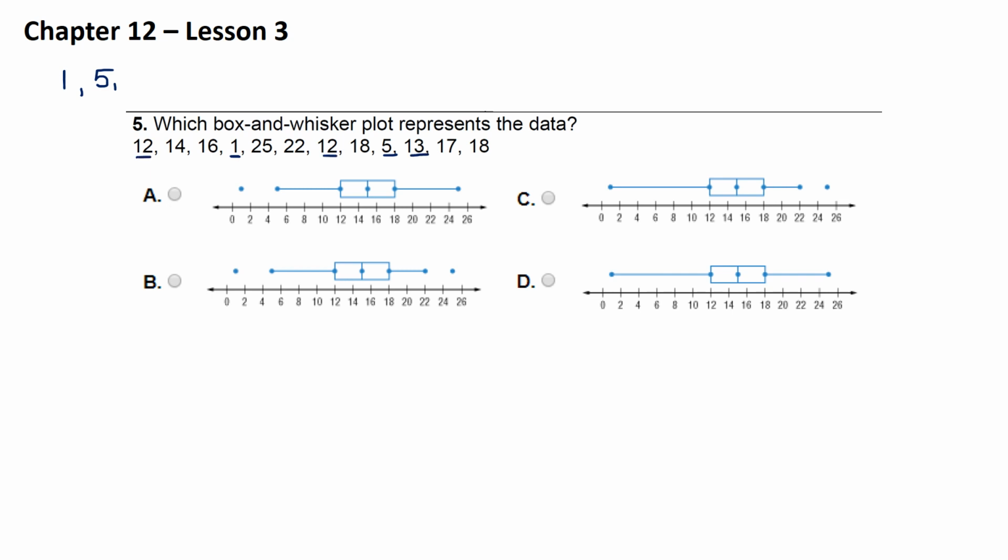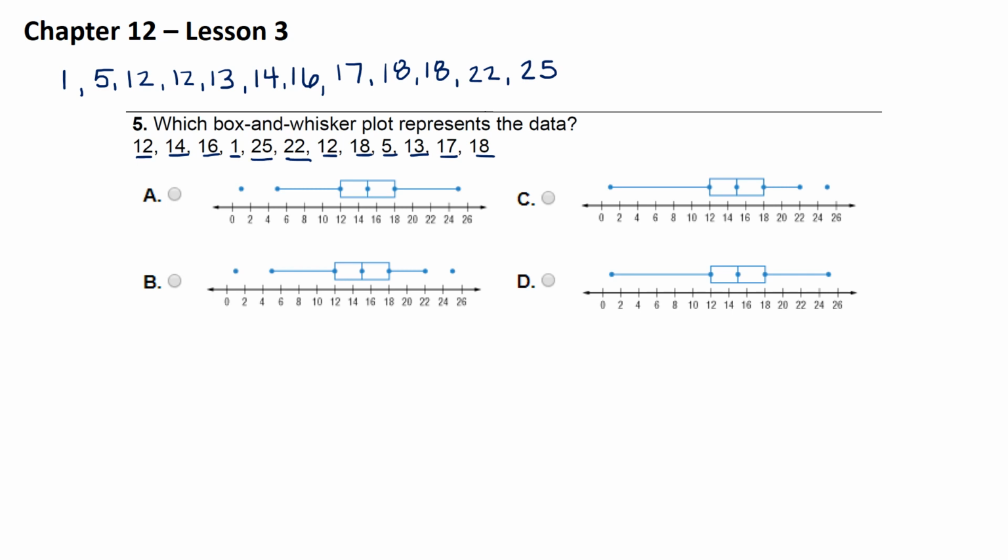Oh, wait, we have two 12s. 12, 12, 13, 14, 16, 17, 18, 18, 22, 25.